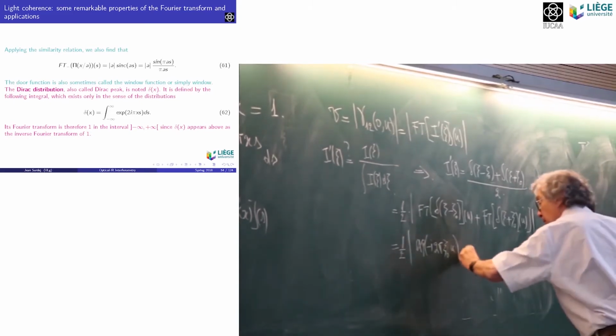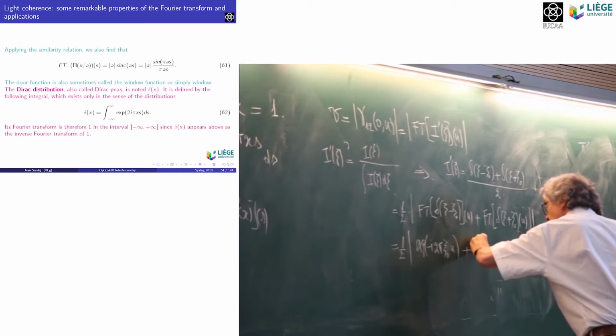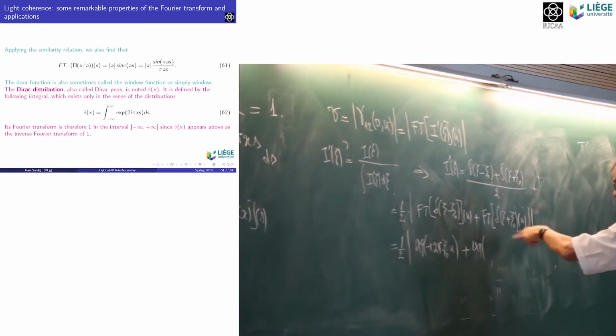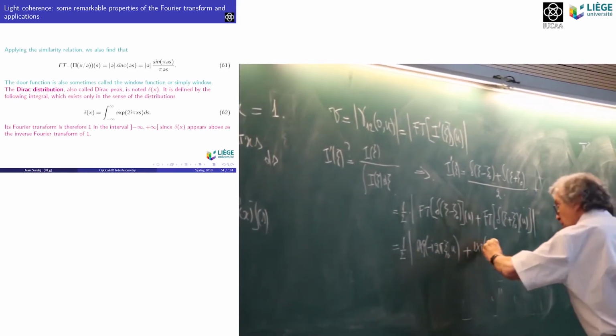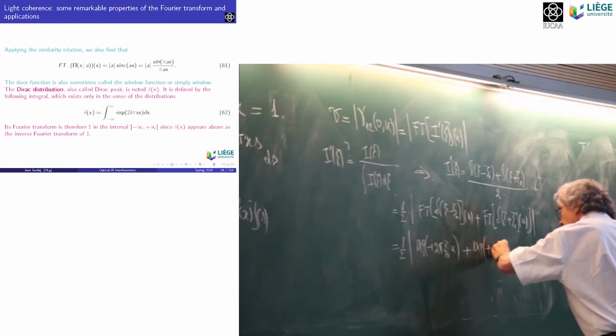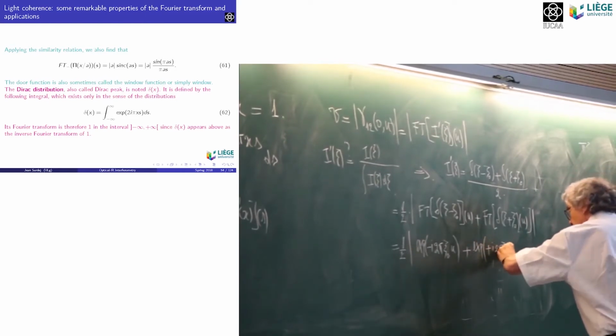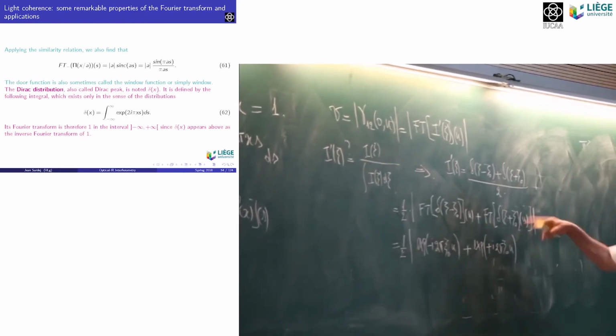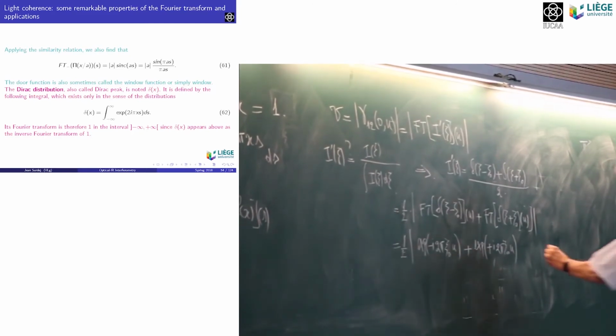Plus the exponential, applying the translation property, of plus i2π ζ0 u multiplied by the Fourier transform of the Dirac function, 1. Okay.